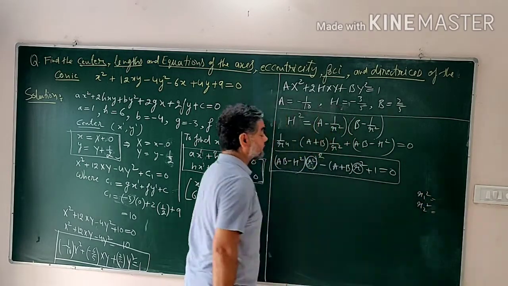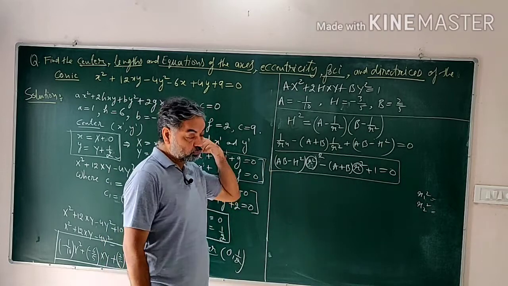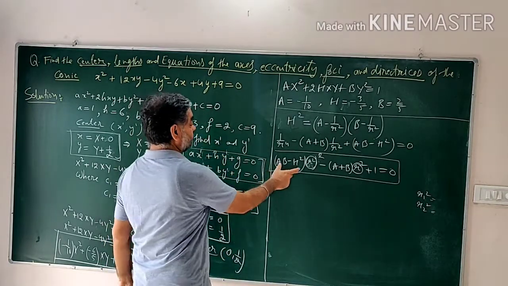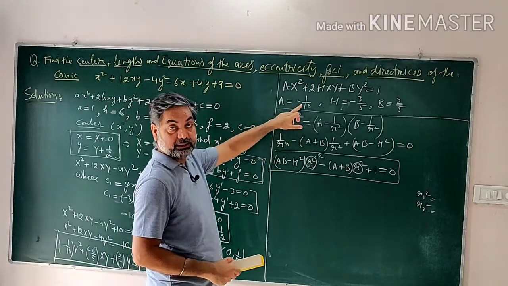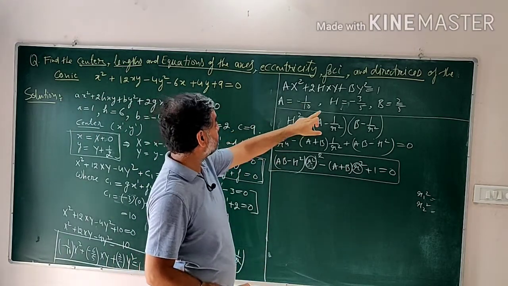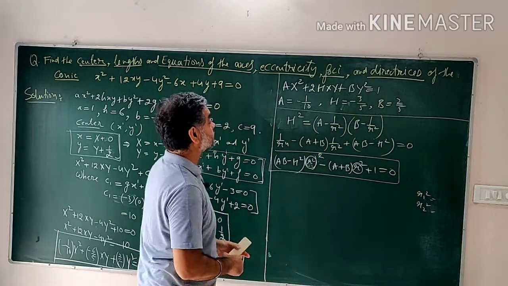So we will find the two roots of this quadratic equation. Let's first write this equation for this exercise. A is minus 1 by 10, B is 2 by 5 and H is minus 3 by 5.